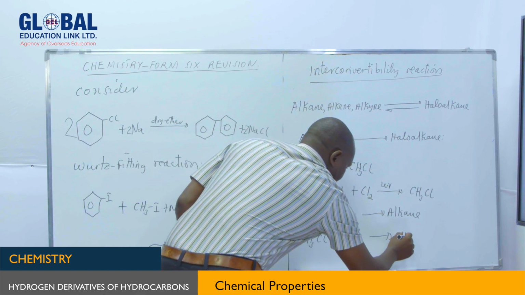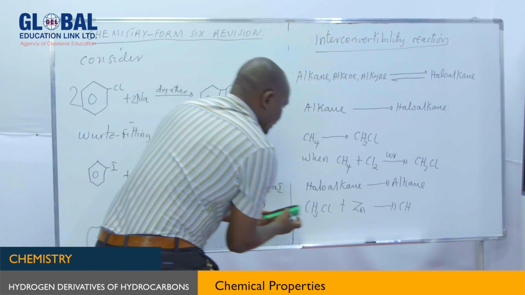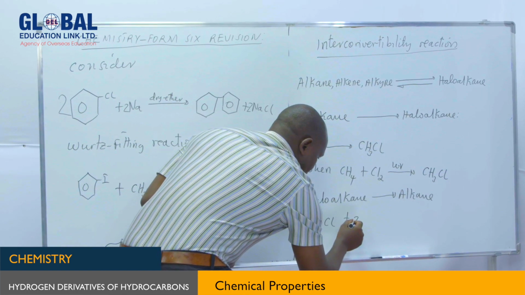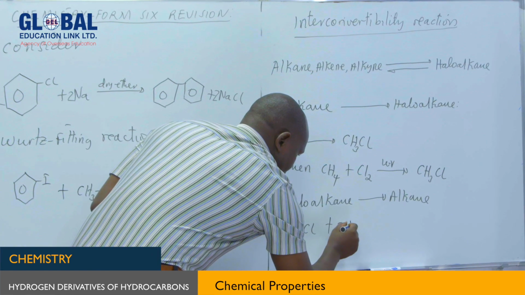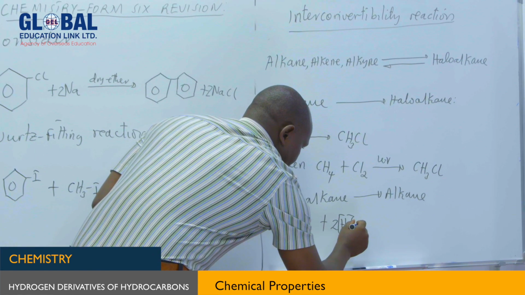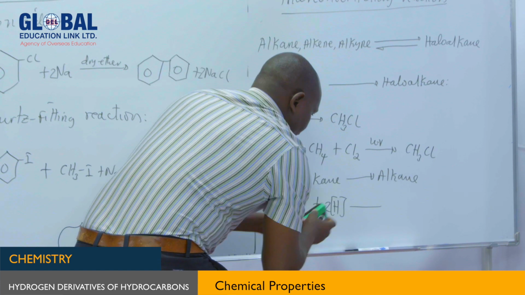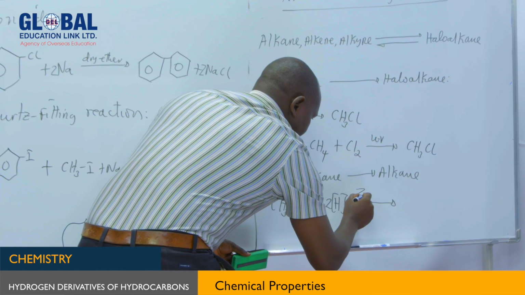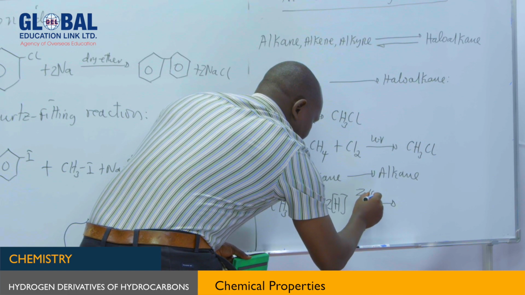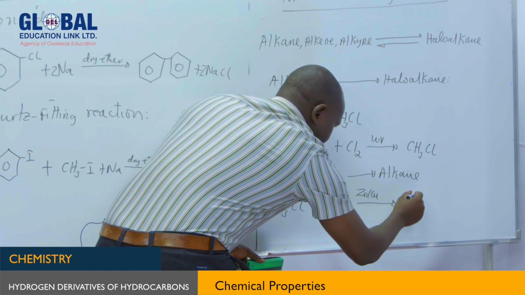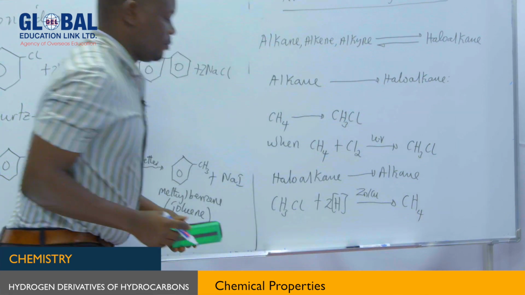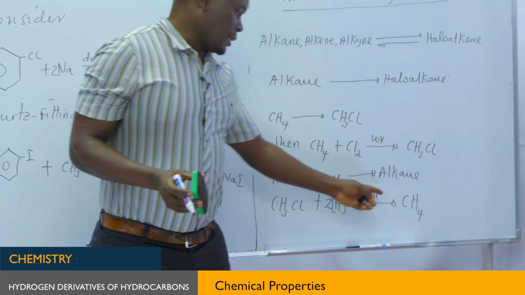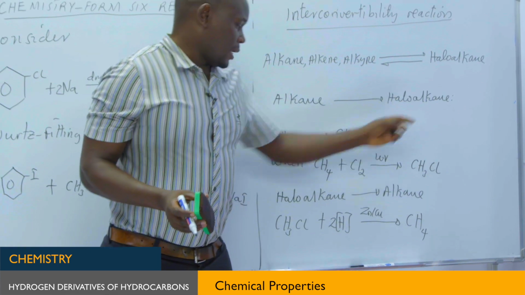It is a reduction, which means that, plus zinc couple, zinc-copper couple, then heated, you'll have the alkane as the product. So you have converted haloalkane to alkane and alkane to haloalkane.